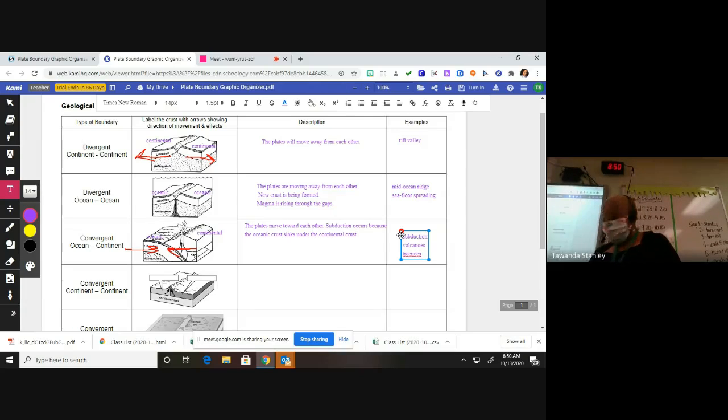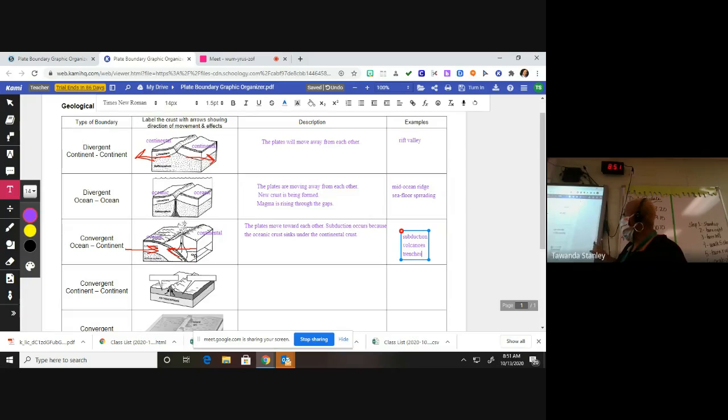Okay, so need to spell it correctly. So these are examples of things that form and happen as a result of oceanic crust and a continental crust colliding with each other. These are things that happen as a result of that.